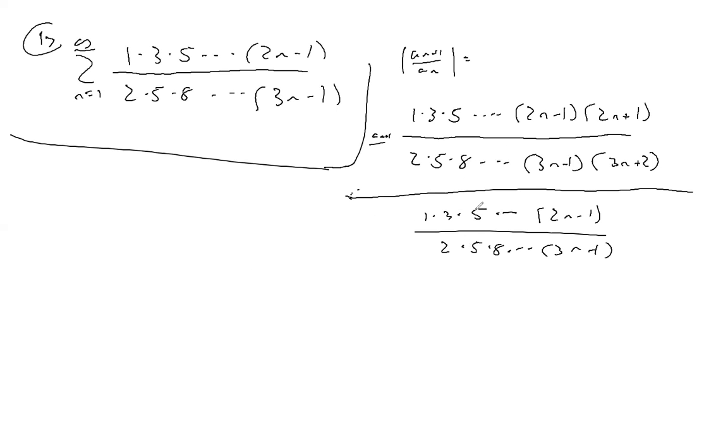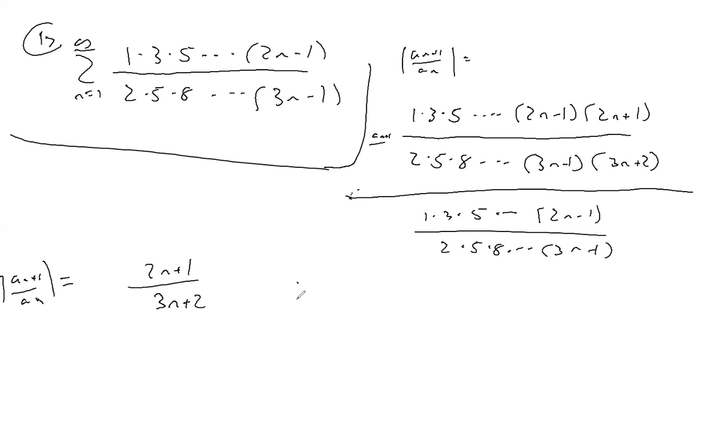You can confirm this for yourselves, but all of these 1, 3, 5 to 2n minus 1 is going to cancel, and I'm going to be left with 2n plus 1. What's going to cancel from the denominator? The 2, 5, 8, 3n minus 1. I'm going to be left with 3n plus 2. Okay, so I got an plus 1 over an equals 2n plus 1 over 3n plus 2.